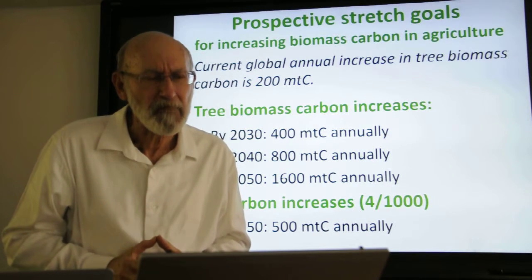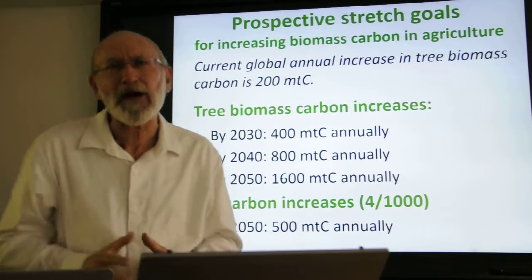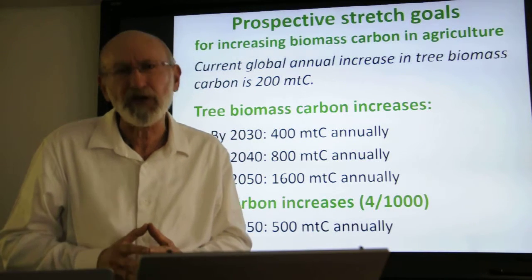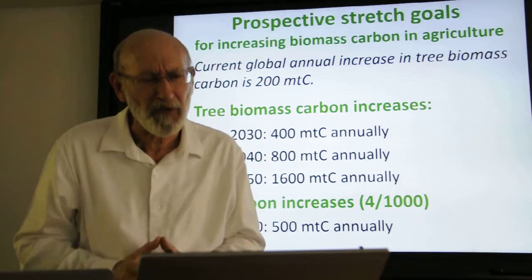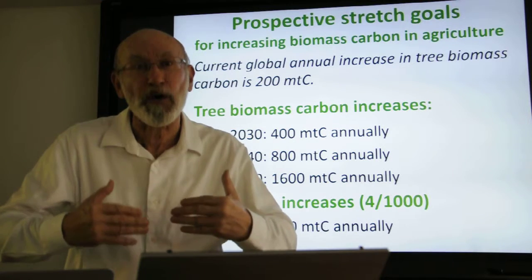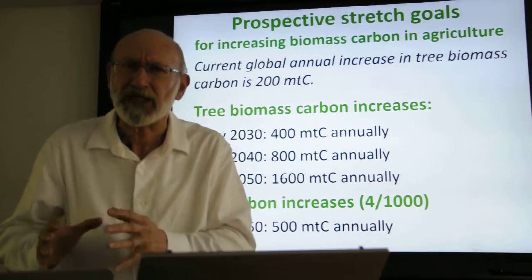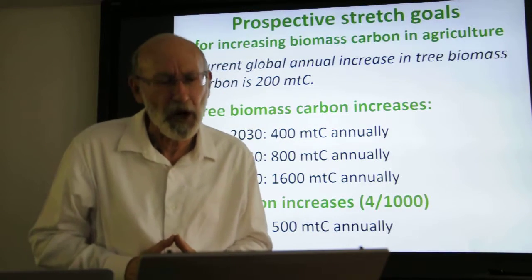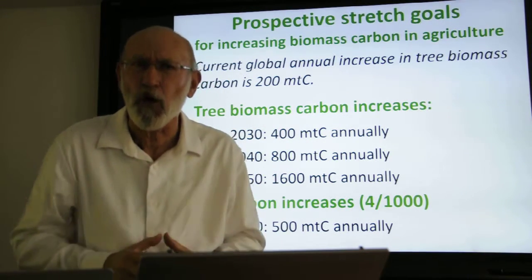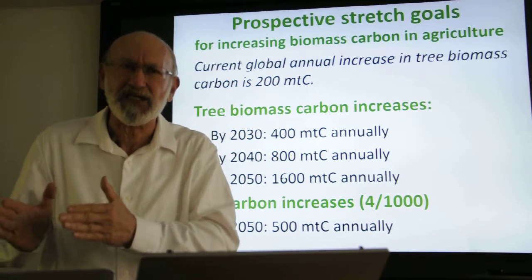important in this area. Now, you'll recall the 4 per thousand program that was launched also in Paris by the French government, in which they're looking at soil carbon alone and the very large increases that one may expect for soil carbon, and we should establish stretch goals decade by decade for these as well.